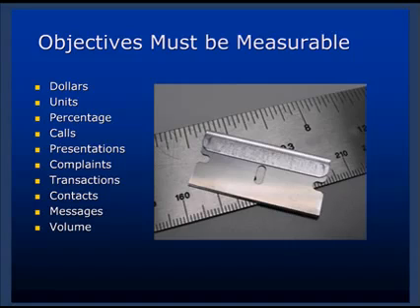Calls, presentations, complaints, transaction, contacts, messages, volume. There are many ways to measure the non-dollar specific portions of the plan. Without measurement, you won't be able to track and manage implementation, which is what the plan is really about.